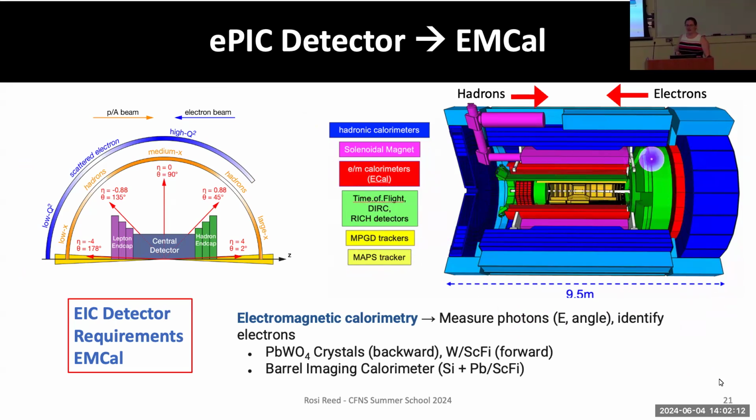Purple is the magnet, but red here is now the electromagnetic calorimeter. We really need to use electromagnetic calorimetry to measure photons and identify electrons. And there are actually two different technologies. One is the barrel backward calorimeter, which is tungsten and SciFi. And then the other is the barrel imaging calorimeter.